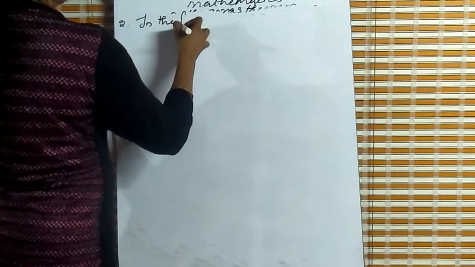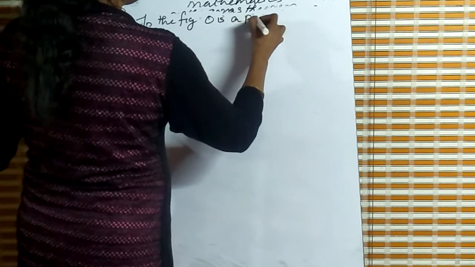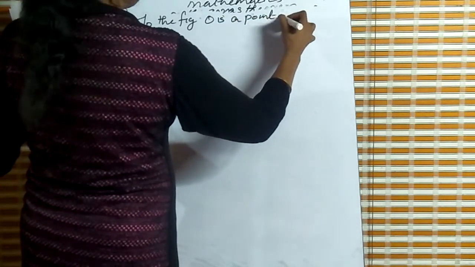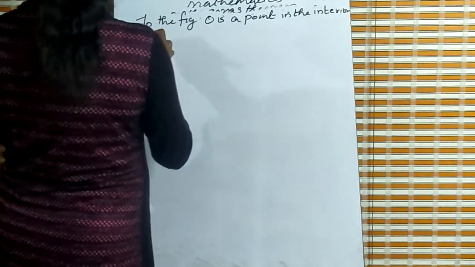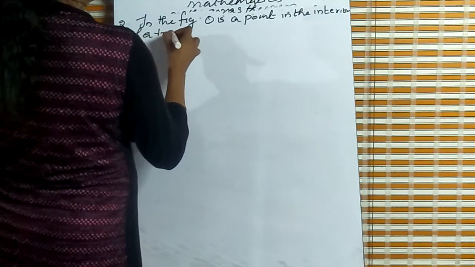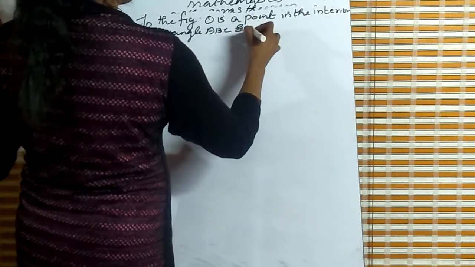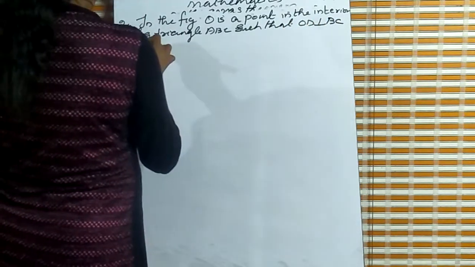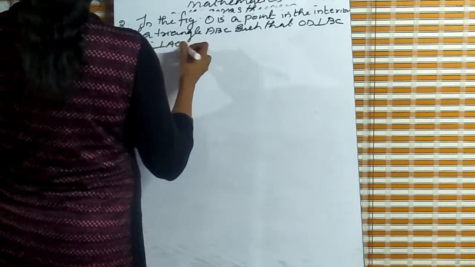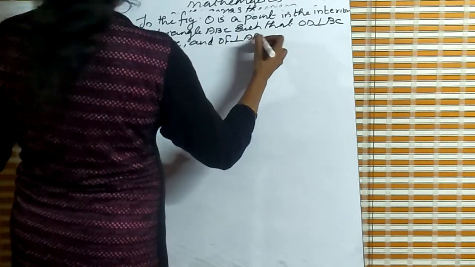Question number 2. In the figure, O is a point in the interior of a triangle ABC such that OD perpendicular to BC, OE perpendicular to AC and OF perpendicular to AB.